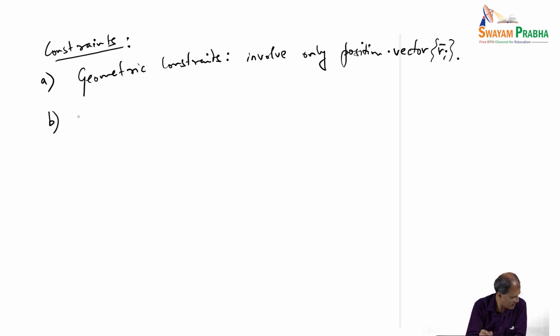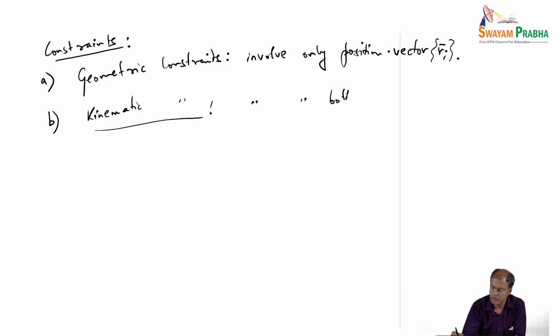Or we could also have kinematic constraints, and these involve both the position vectors r_i and the velocity vectors v_i.